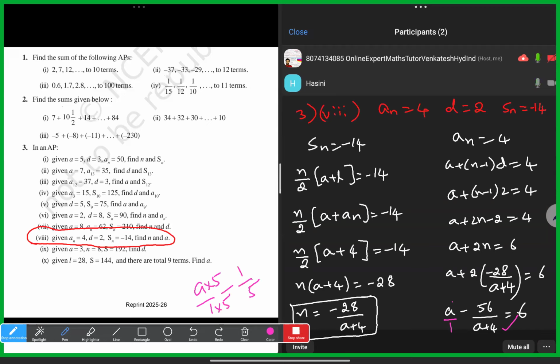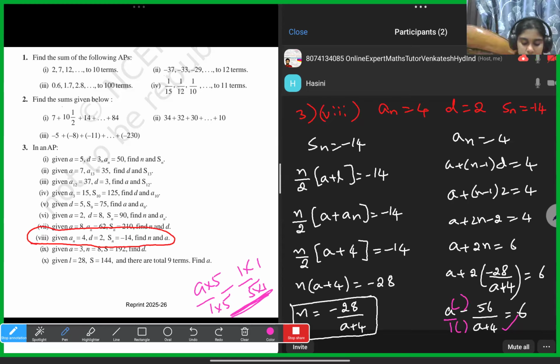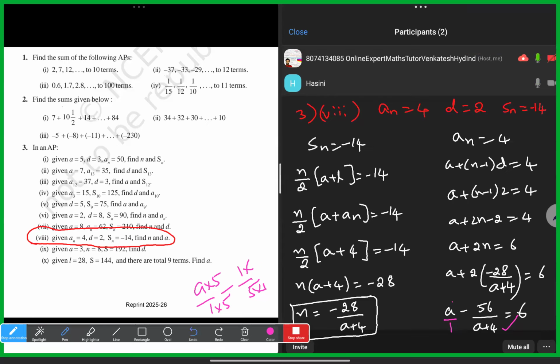Here (a plus 4) is the LCM, so you have to multiply with (a plus 4). The other one you multiply with 1, into 1. Simply, an easy way for students to remember is you can just multiply this into this like that.